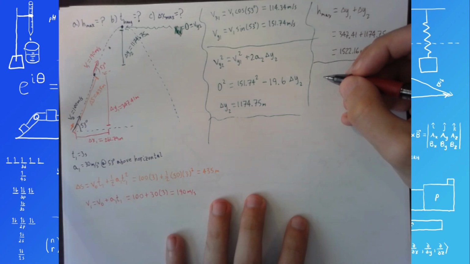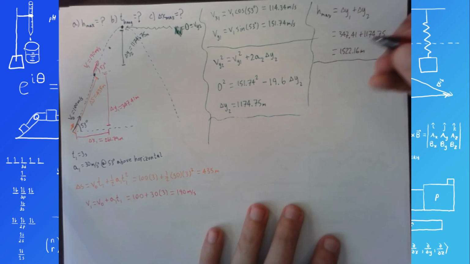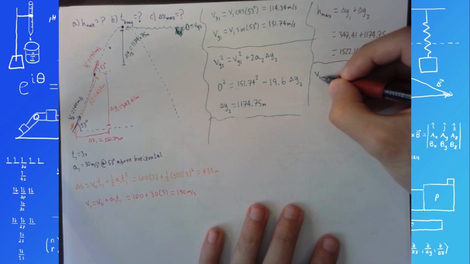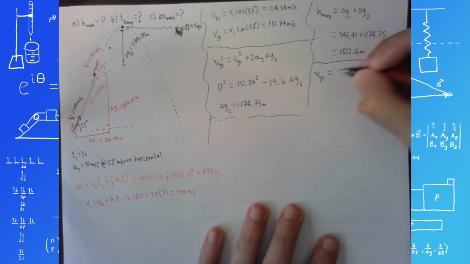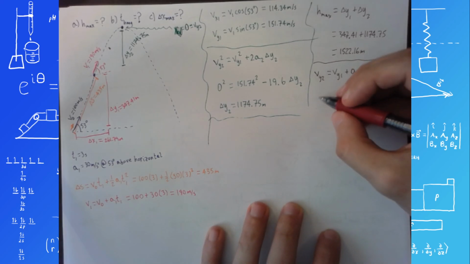First equation would probably be the most efficient. We know Vy2, we know Vy1, we know the acceleration for phase 2 is negative 9.8, and that leaves us with only T2 as our unknown. So yeah, we can solve this.